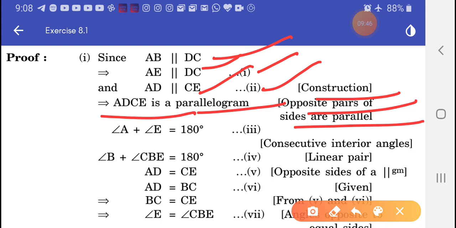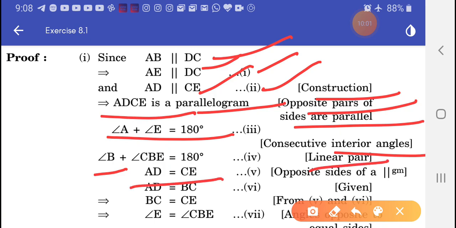ADCE is a parallelogram. Now angle A plus angle C equal to 180 degrees, consecutive interior angles, but angle B plus angle CBE equal to 180, linear pair. Now AD equal to CE, opposite sides of a parallelogram are equal and parallel.